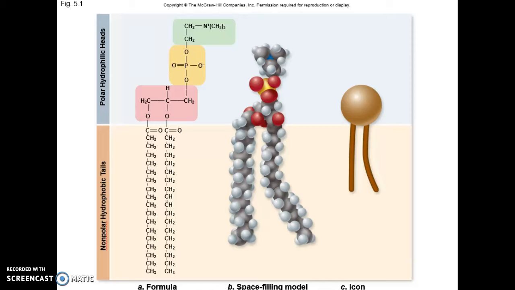That's what philic is, loving or likes. The phospholipid also is made up of two fatty acid hydrophobic tails. Now, from the food chapter, when we talked about lipids, they don't like water. Fats hate water. They're afraid of water. They repel water. So those two tails that dangle down, they don't want to go near water.